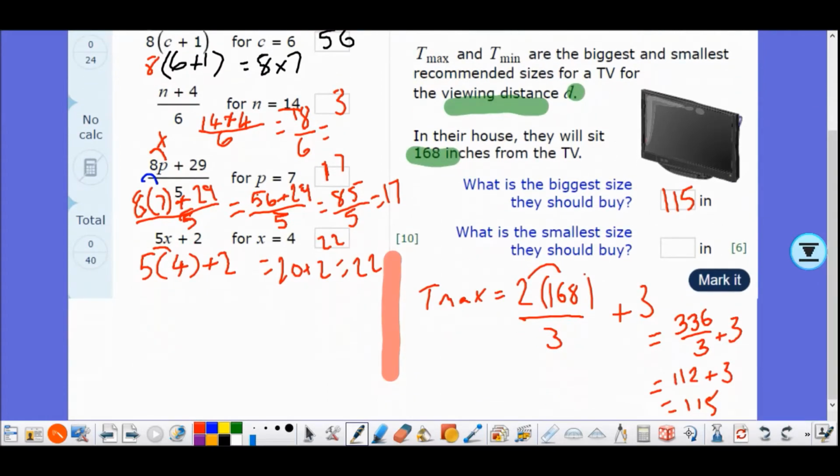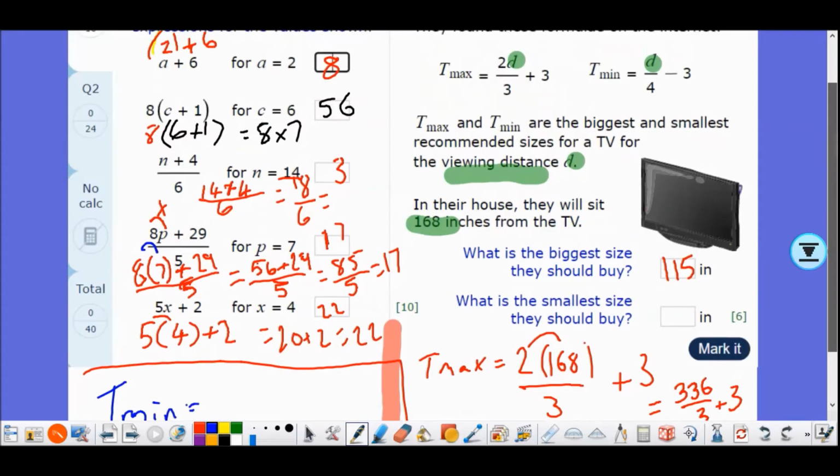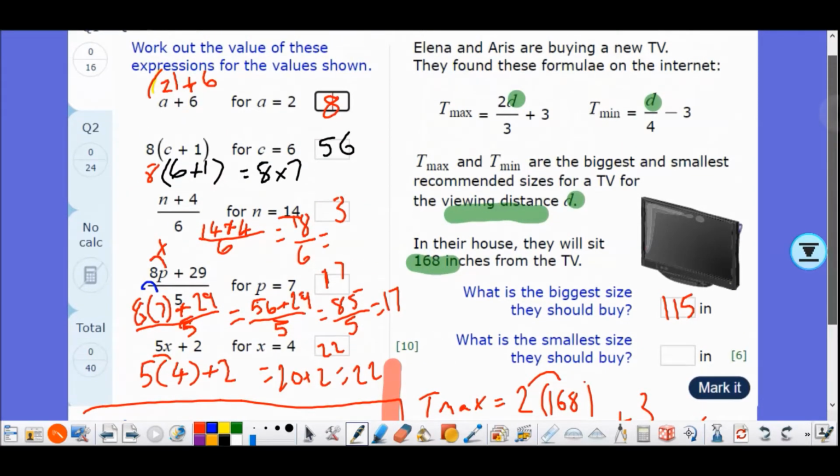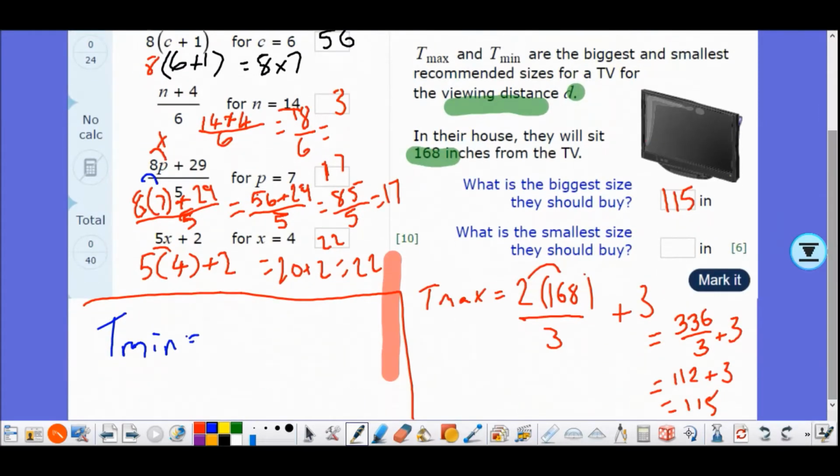And now to look at the minimum size, we'll do it over this side. Okay, so T min is going to be the distance divided by 4 take away 3. So the distance 168, again that's what I'm substituting in, divide by 4 take away 3.